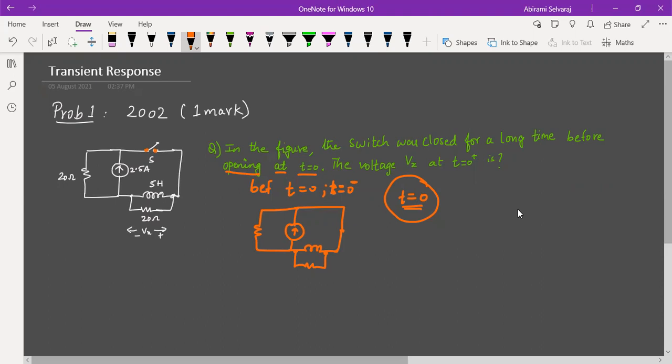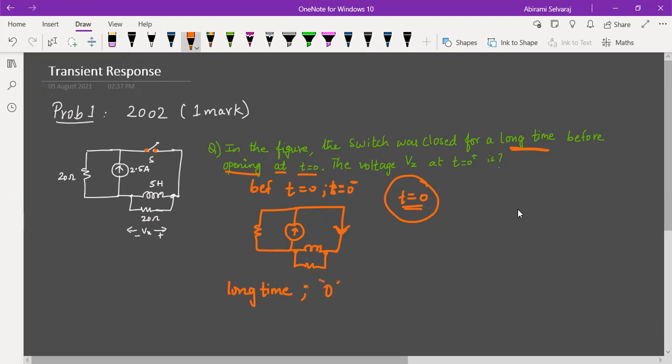So this is a circuit, and we know the property of the inductor. When current has been flowing through an inductor for a long period of time, and here the switch was closed for a long period, the inductor acts as a complete conductor.